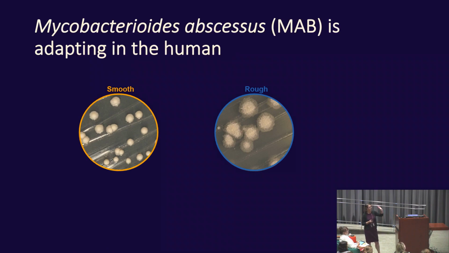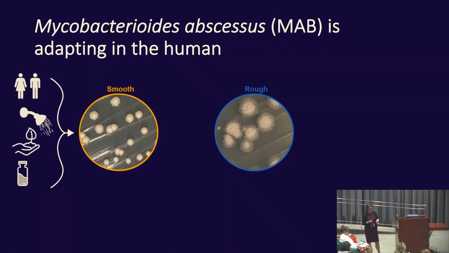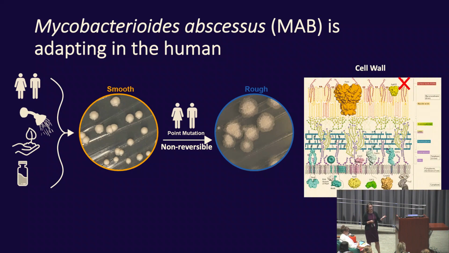It can either look like a smooth colony morphology, which looks a lot like E. coli, or it produces this rough colony morphology, which is flat and flaky. The general consensus is that the smooth colony is in the environment and causes initial infection. However, during infection, as time passes, patients have a point mutation in their bacterium, and that results in the transition to this rough colony morphology.